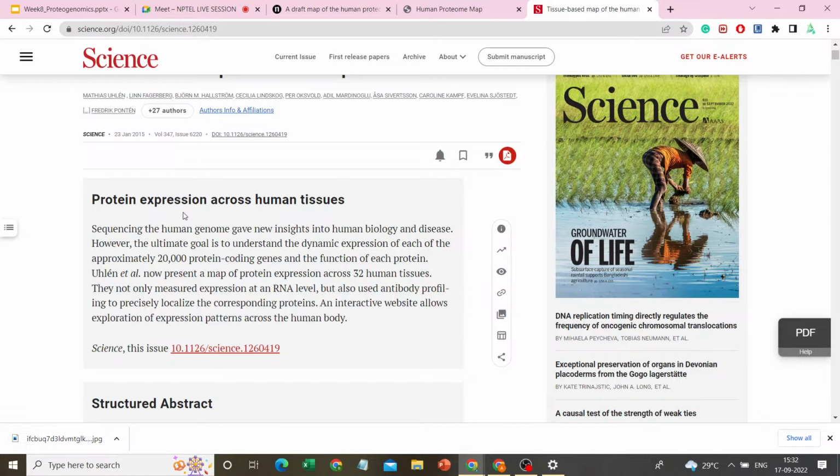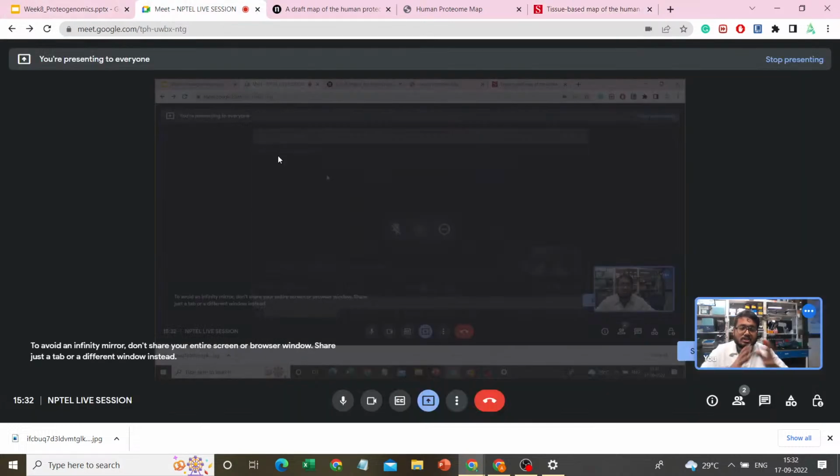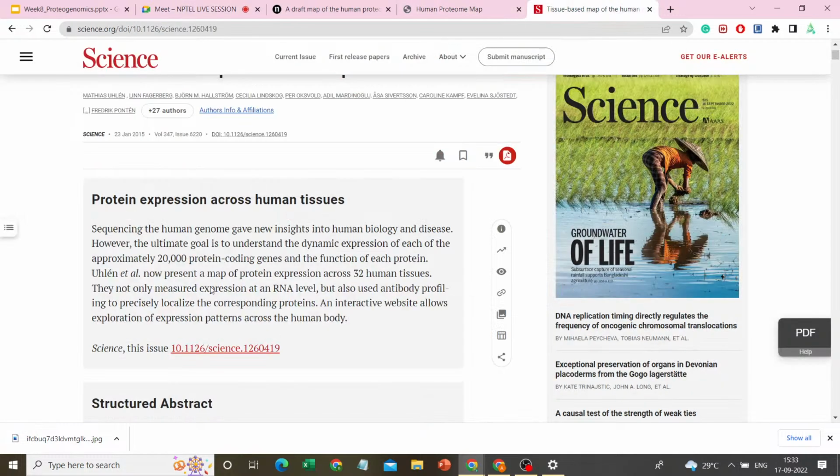They not only measured expression at an RNA level, so majorly what they did is to take the expression at an RNA level, how the transcriptomic sequences are coming and how they are generally being expressed across the tissues. But they also used antibody profiling to precisely localize the corresponding proteins.